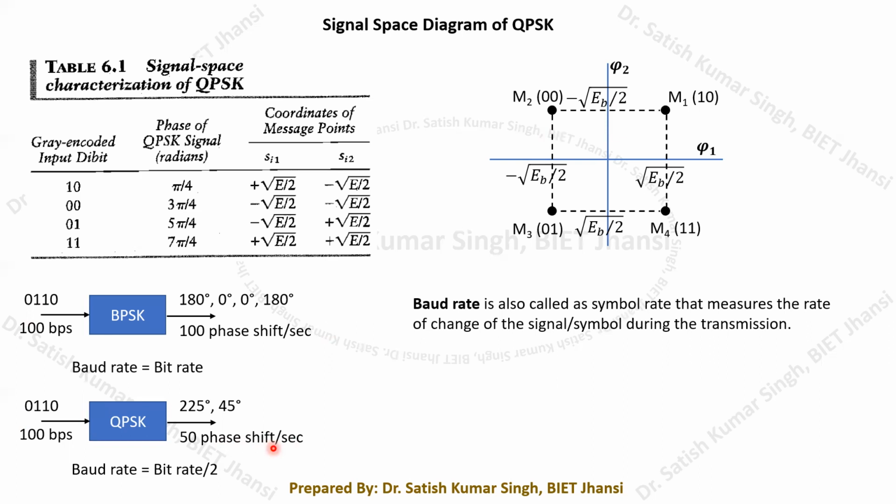So basically we have one parameter which is called the baud rate. You must be aware of what the bit rate is. When we have a PCM system and we do the encoding, the encoded bits will be directly transmitted through our baseband channel.